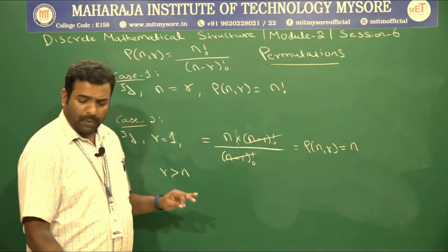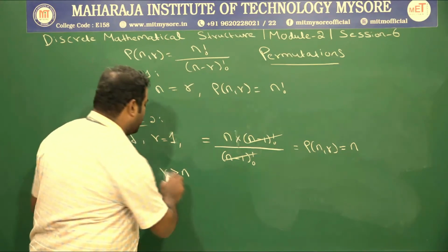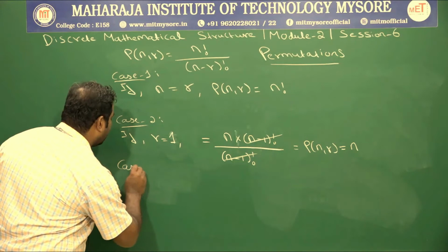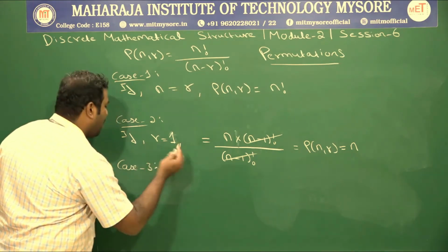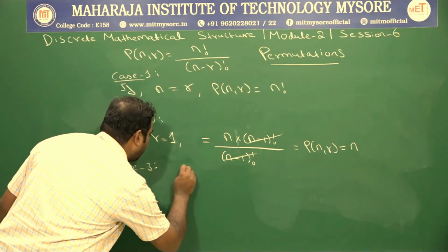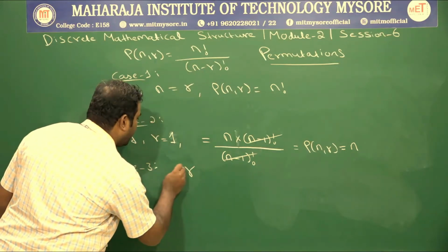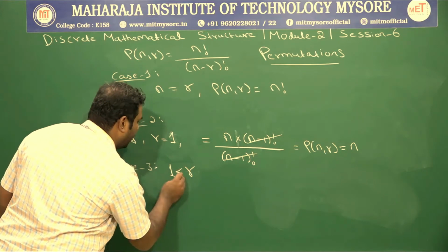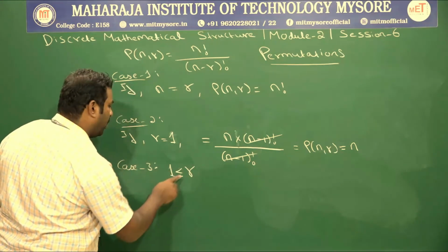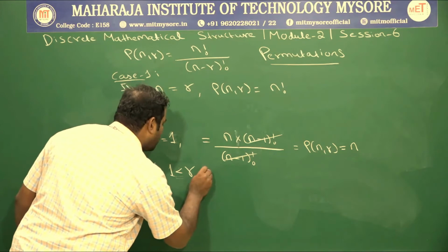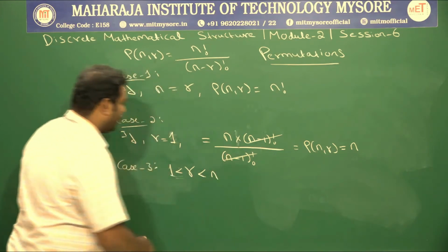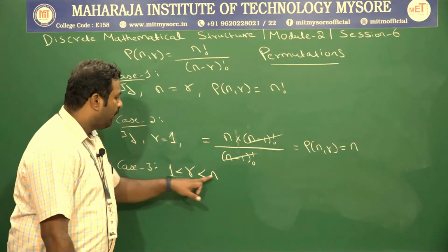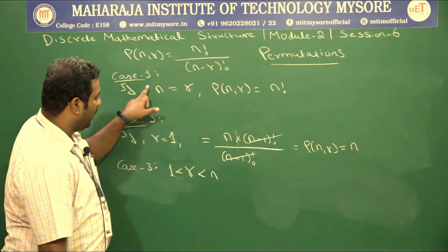So at any given point, in any other case, the value of r is going to be greater than or equal to 1, and less than n, because for 1, case 2 will help me out, and for n, case 1 will help me out.